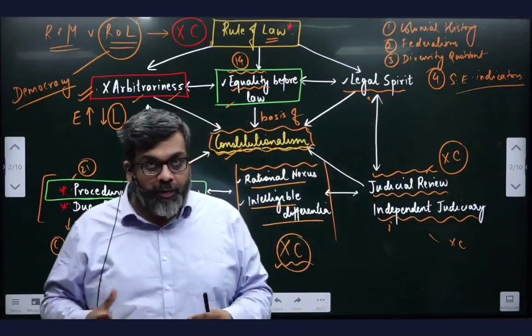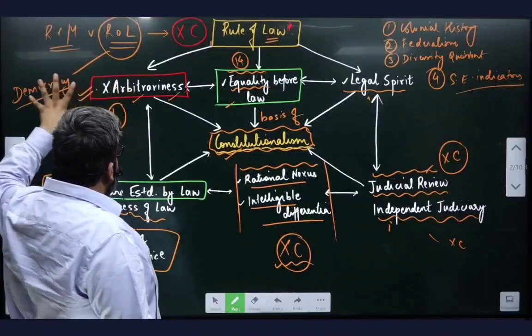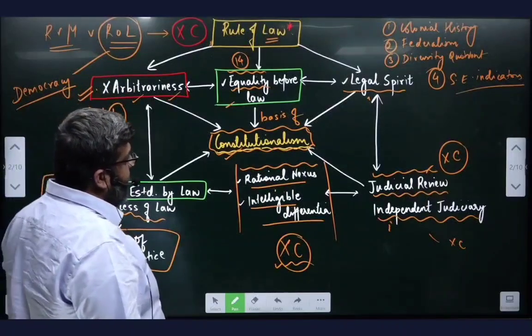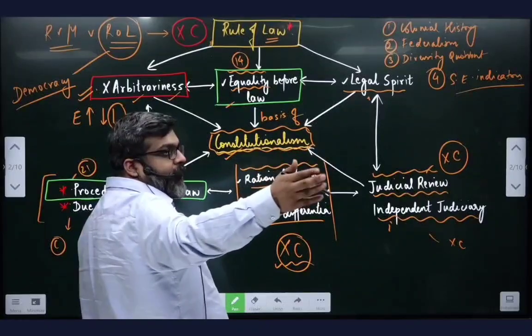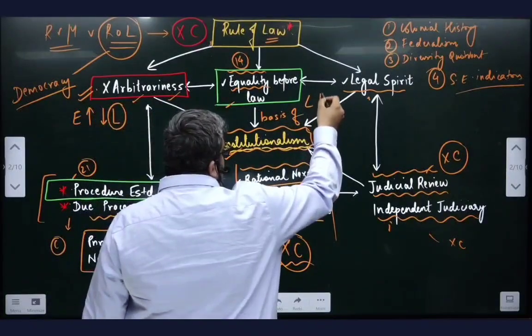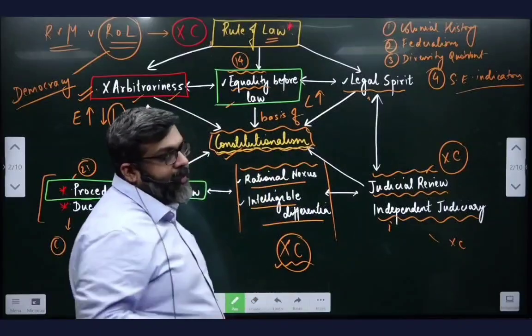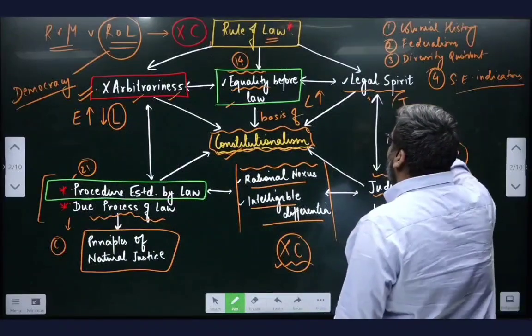Why is this important? Arbitrariness largely looks at executive action. When we say that the law is treating two people differently, therefore it's violating equality before law, it largely looks at legislative action. And legal spirit looks at the powers of the judiciary.